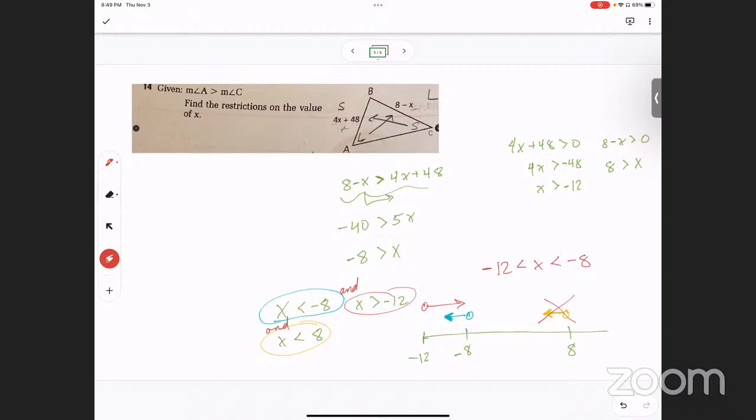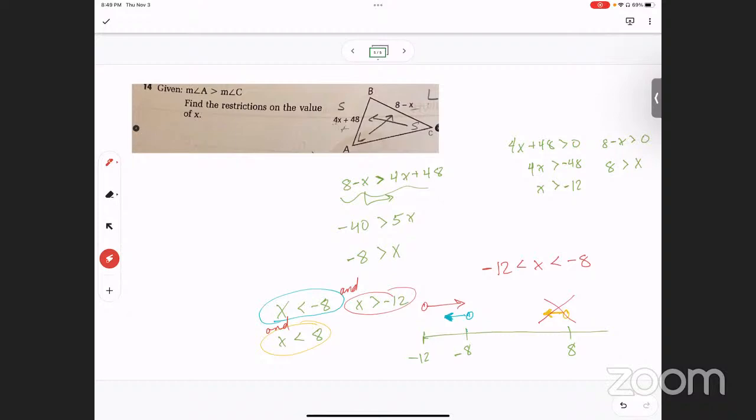If you plug in -9, plugging in -9 gets you 15, which is a positive value. Plugging in -9 here would give you a number less than that. What would it give you? Negative something. Well, yeah, plus 48 though. Hold on.